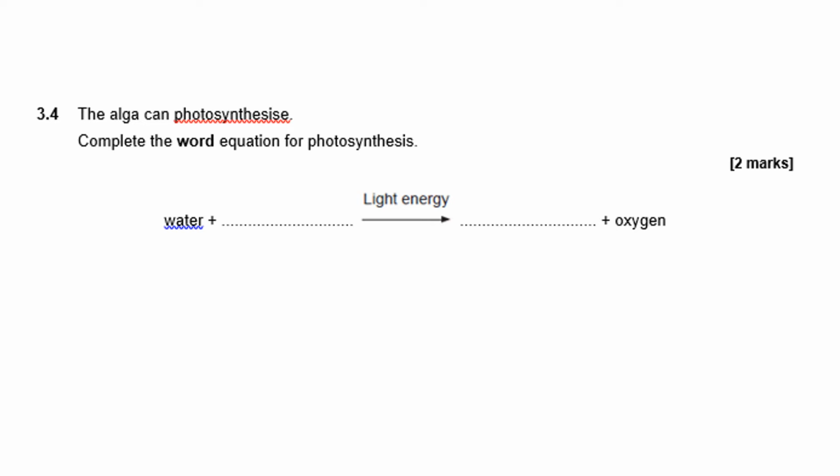If you've put the symbols CO2 or C6H12O6, you will not gain the marks. If it asks for a word equation, it must all be in words. If it asks for a symbol equation, they must all be in symbols. So do be careful about abbreviating things like carbon dioxide to CO2. You do need the words if it's asking for a word equation. So be careful with that.